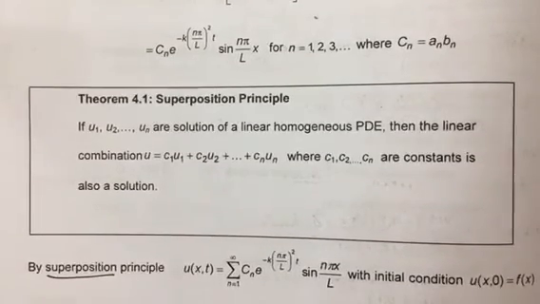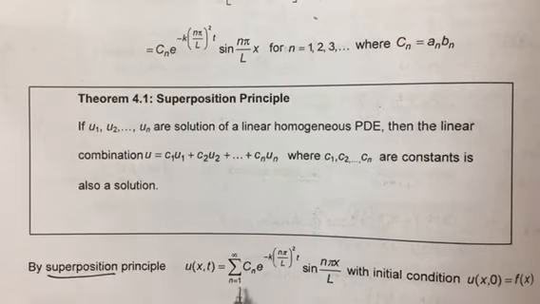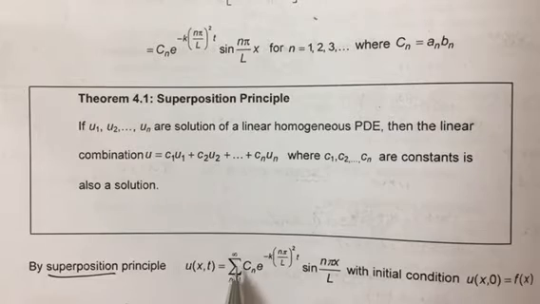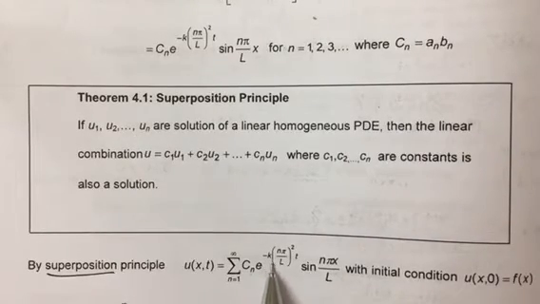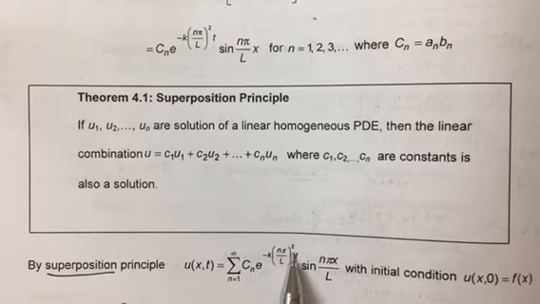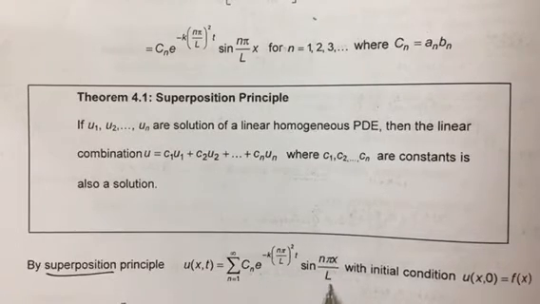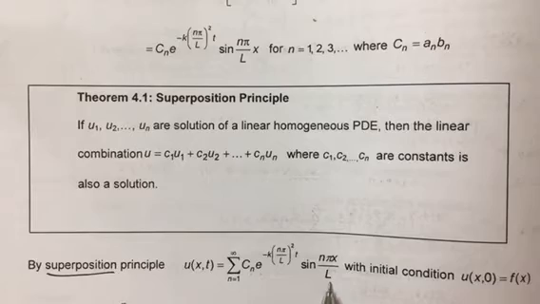Replace n equal to 1, 2, 3 in this term: summation from 1 to infinity of Cn exponent negative k n pi over L squared t sin n pi x over L.